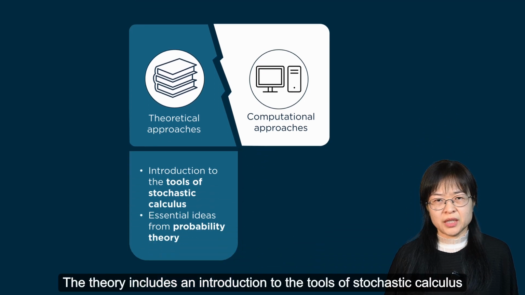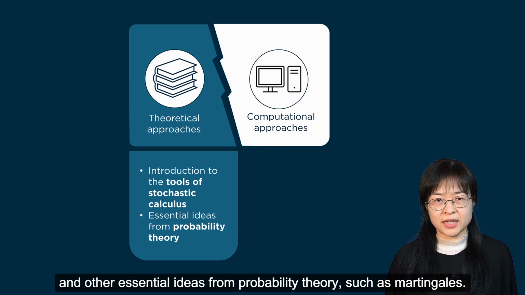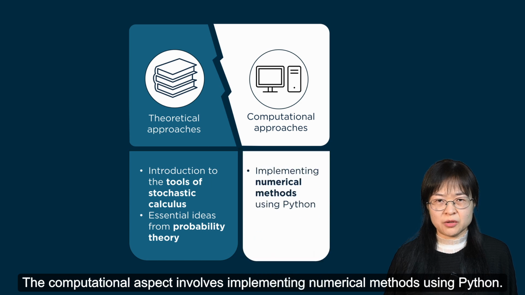The theory includes an introduction to the tools of stochastic calculus and other essential ideas from probability theory, such as martingales. The computational aspect involves implementing numerical methods using Python.